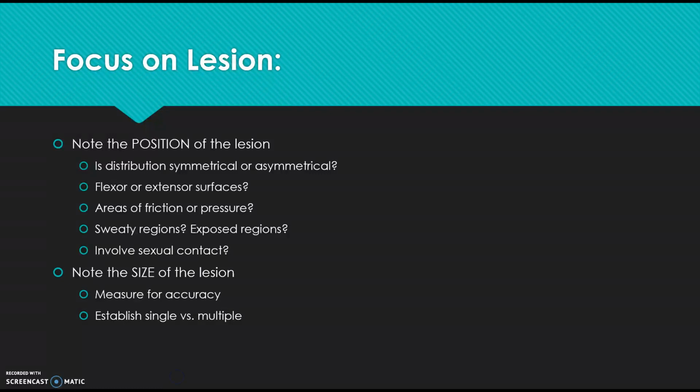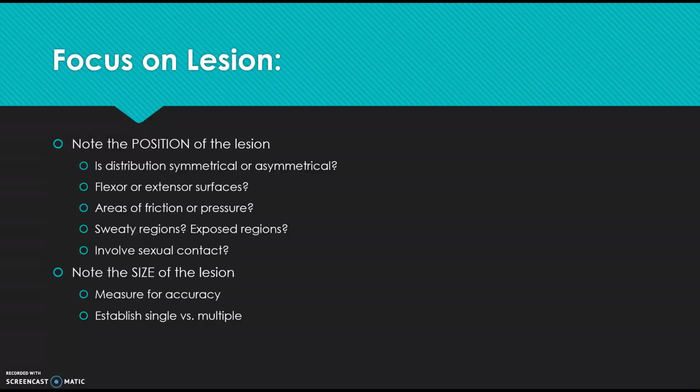And then you want to look at the lesion. What is the distribution? Is it symmetrical or asymmetrical? So symmetrical can suggest conditions like psoriasis. Well, something that's more asymmetrical would be a little bit different. Some rashes have characteristic distribution, such as shingles.